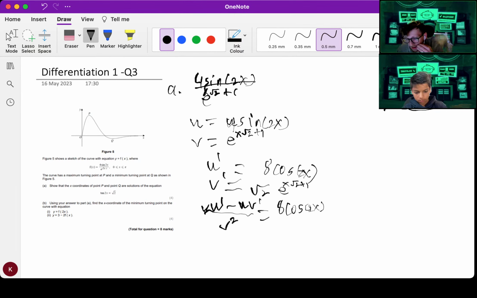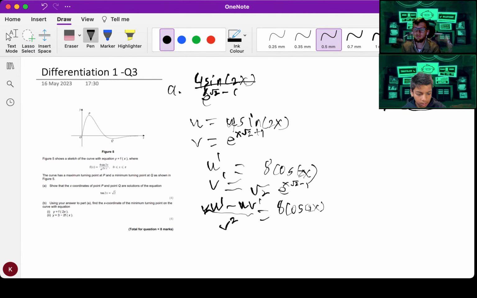It doesn't affect any of the working out so far; it should just be minus 1.